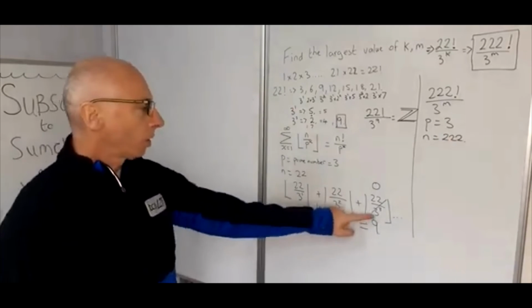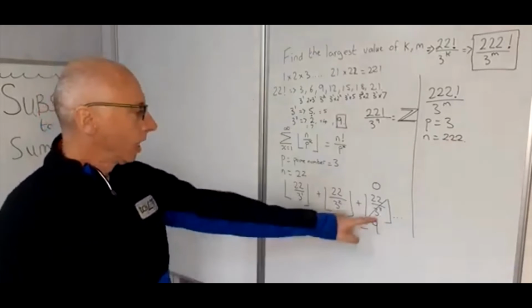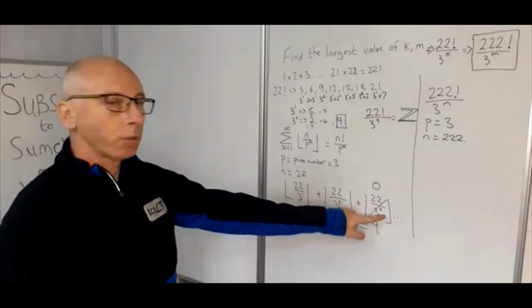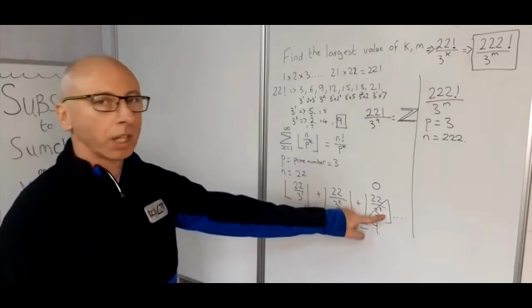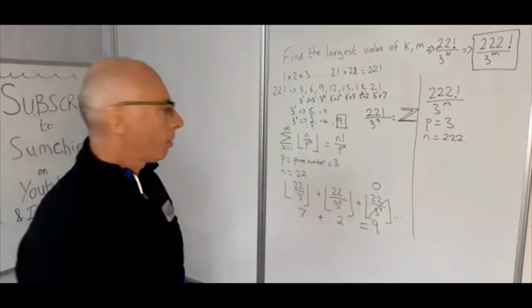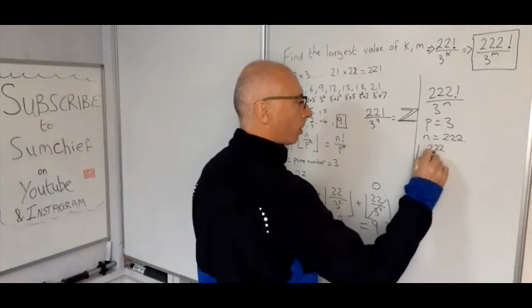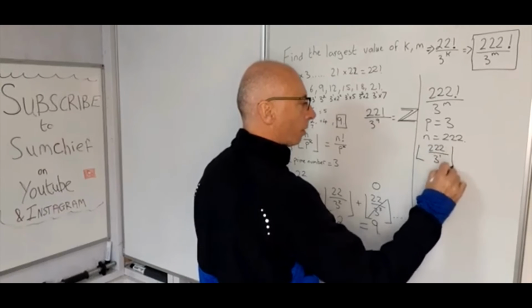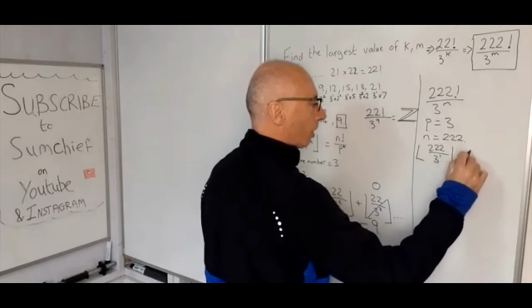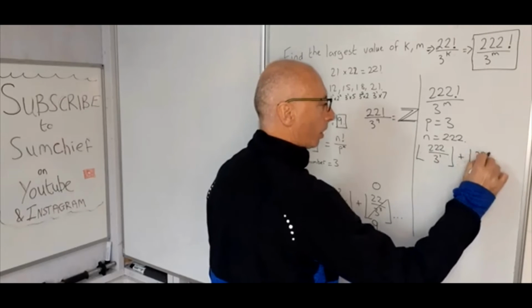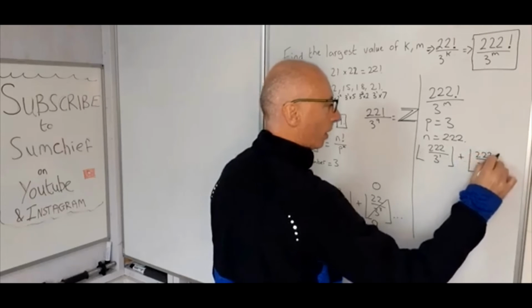Okay, so now we're just going to go through all of these, and basically when we get a 3 to a certain power larger than 222, we know we can stop with our summation. So we've got 222 divided by 3 to the power of 1 plus 222 divided by 3 squared.